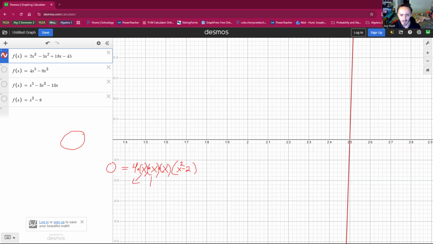And what you'll notice is that those three independent factors of x, they all yield the same solution. They all say that x is nothing, but they say it 3 times. They're repeating themselves, right? And when you look at this factor x squared minus 2 is equal to 0, that gives you two distinct solutions where it's the plus minus root of 2.